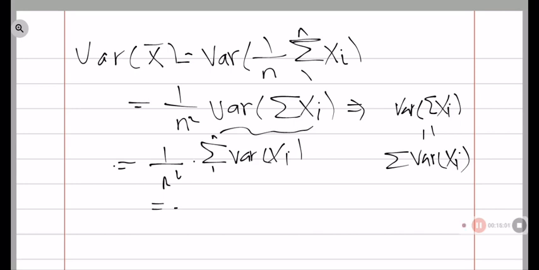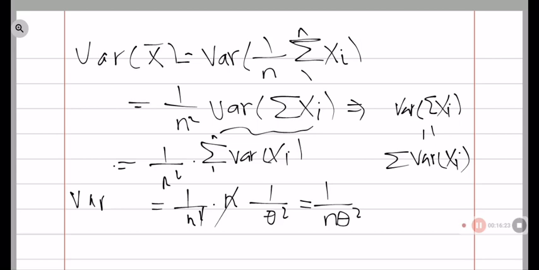That will be 1 over n squared times n, and the variance of x is 1 over theta squared. So the n's cancel out, and that will be 1 over n theta squared, which is the variance of x bar. That matches what we found using the moment generating function: the variance of x bar equals 1 over n theta squared.